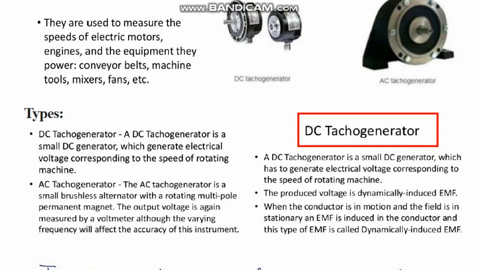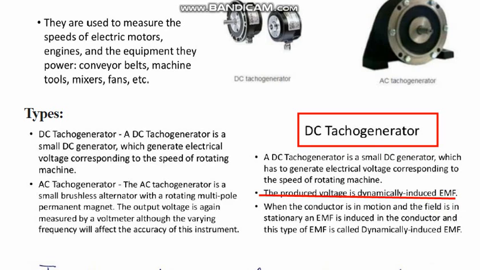What is the principle behind this? The electric voltage corresponding to the speed of the rotating machine is generated, and the produced voltage is a dynamically induced EMF. The voltage that is measured using a DC tacho generator is actually dynamically induced EMF.